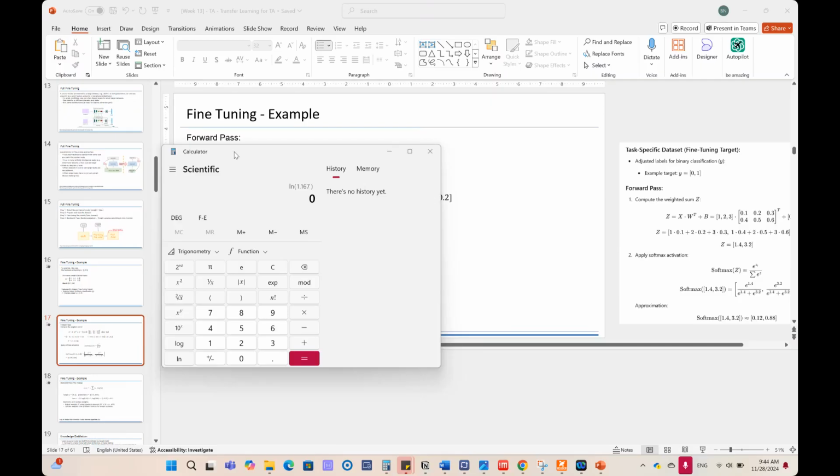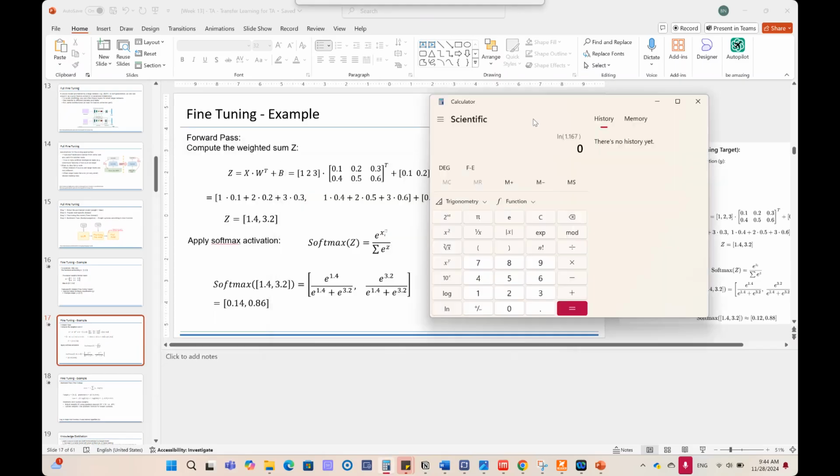Okay, so you can see we have the e. Okay. Oh, yeah, e is learn something. Okay. So we have the e power 1.4. Okay, so the result is 4.05.